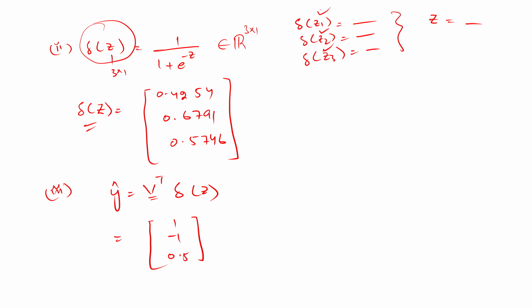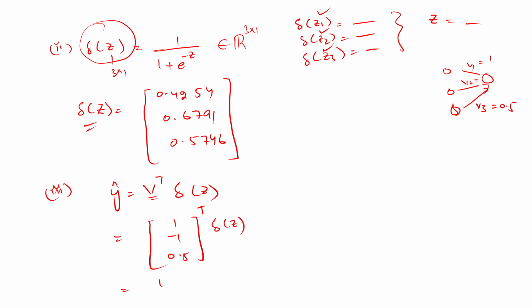If you look at the output layer, previously we had 2 neurons, so it was V1, V2. Now we have 3 neurons, so there will also be a V3. I assume this as 0.5. And previously I had assumed V1 is equal to 1, V2 is equal to -1. And don't forget this transpose. If you forget this, we will not be able to do the multiplication. And this is sigma z.